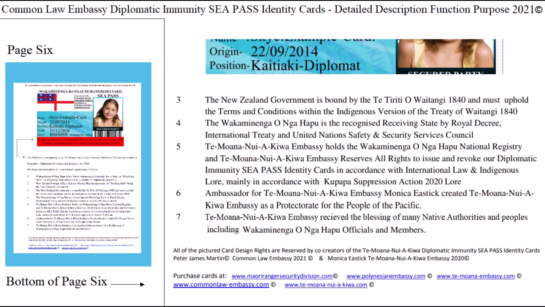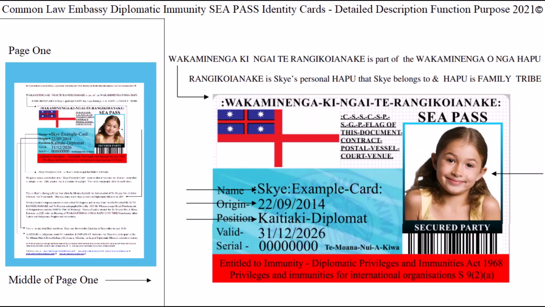Okay, Ambassador for Te-Moana-Nui-A-Kiwa Embassy Monica Eastick created the Te-Moana-Nui-A-Kiwa Embassy as a protectorate for the people of the Pacific. And Te-Moana-Nui-A-Kiwa Embassy was also mandated with the blessing of Wakamingi o Ngā Hapu officials and members and many other native peoples.